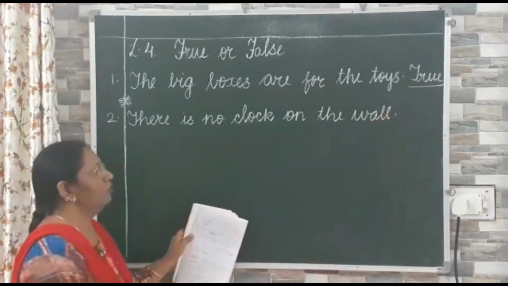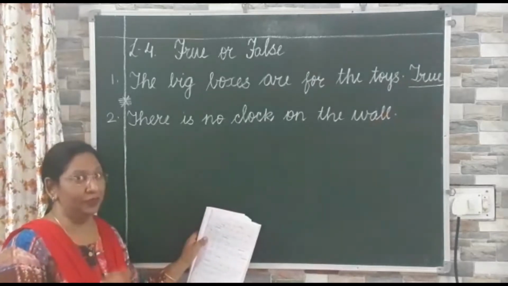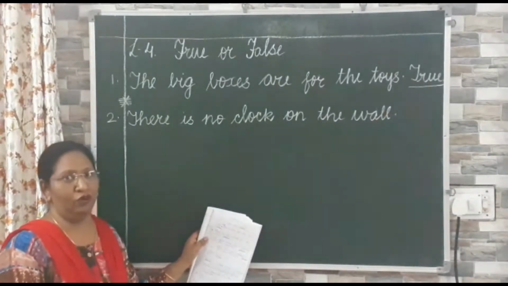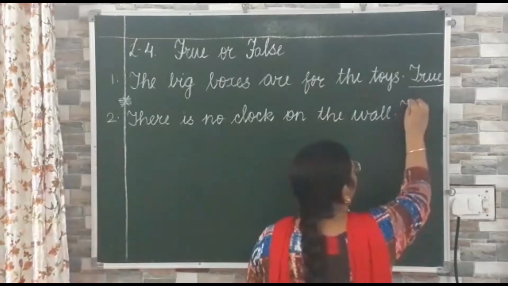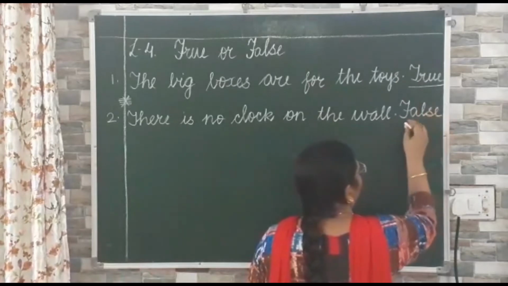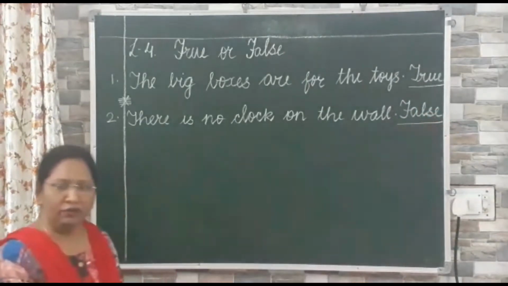There is no clock on the wall. Is it true? No, this is not true, because there is a beautiful clock on the wall. So what we'll write? We'll write FALSE, false, and we will underline this word on the red line.